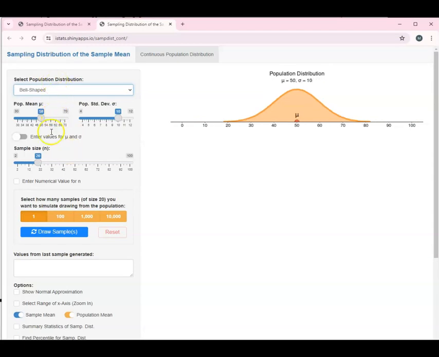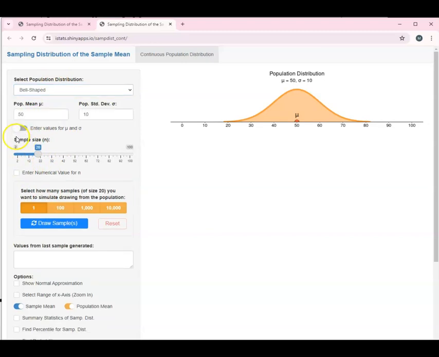We're going to assume it's bell-shaped. Population mean, I believe, was 2 hours. So 2 hours for the mean. And the population standard deviation was 0.5. And my sample size was 50. So here's what the population distribution for all of their games looks like.